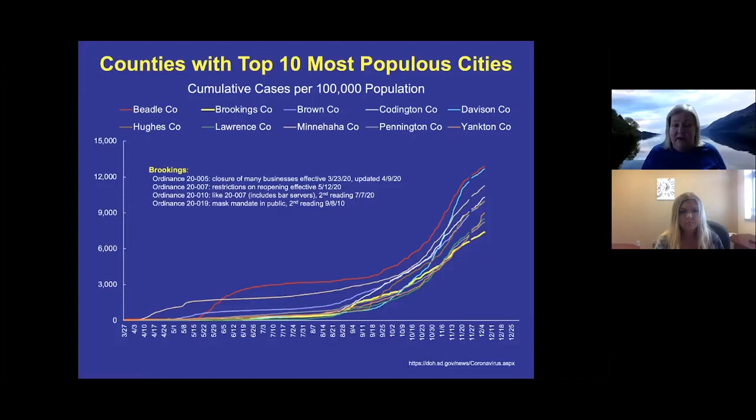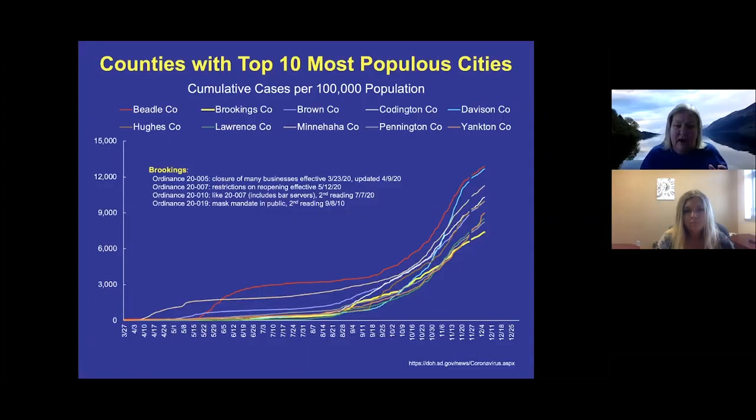So the mandate passes here, and people have said, oh, but it obviously didn't work because you still had cases afterwards. And you can see that we did. This line is going up, which means there's more cases being added to it. If it had completely stopped it, we would just be flat. But it didn't. But it did slow it down compared to what was going on in these other counties.